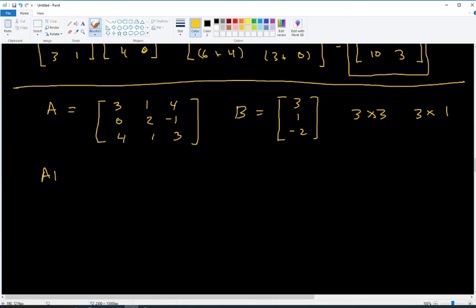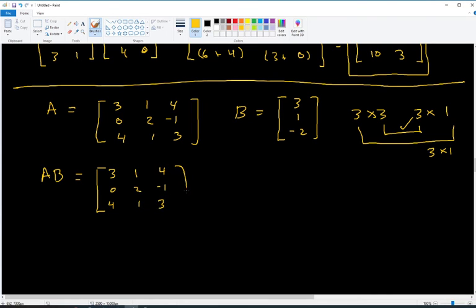If we want to find A times B, A is 3 by 3, B is 3 by 1. The middle numbers match. We're going to get a 3 by 1 back. So our answer is going to be a 3 by 1. So we'll write matrix A down. We'll write matrix B down.